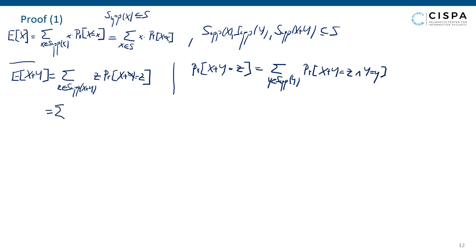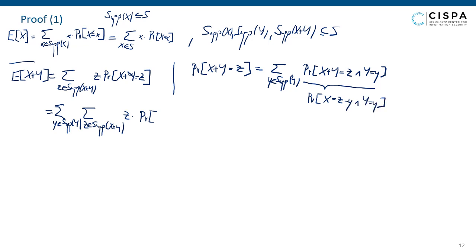This is the sum over all, let's maybe start with y in the support of Y, sum over z in the support of X plus Y, z times the probability of... before I continue here, let's just realize that if we already know that the event Y equals y holds, then X plus Y equals z can be rewritten as X equals z minus lowercase y.